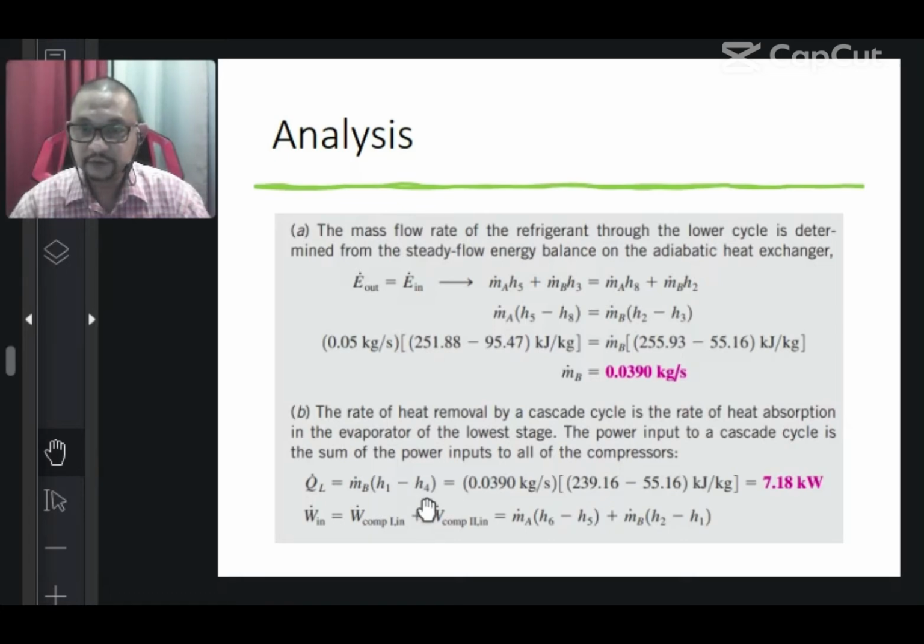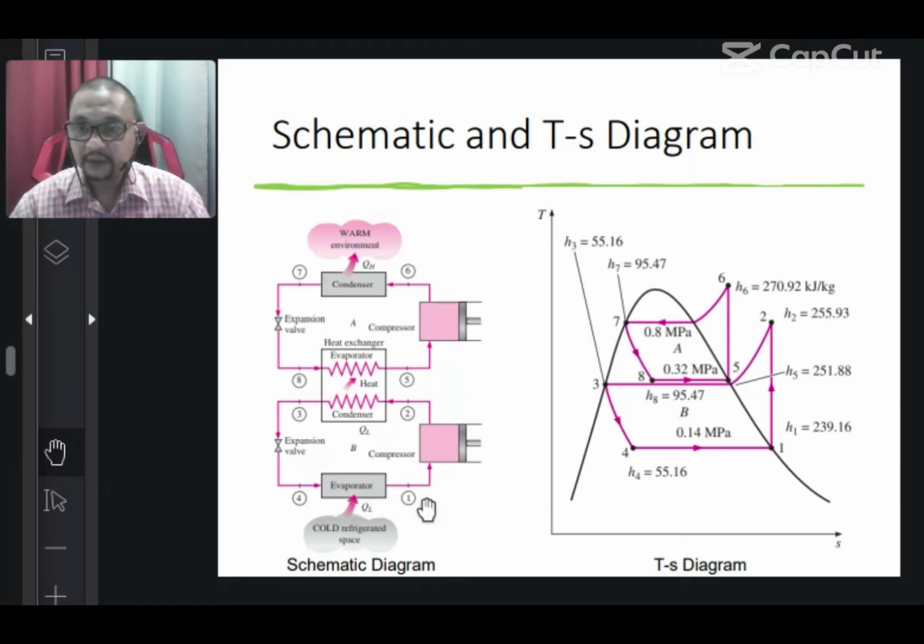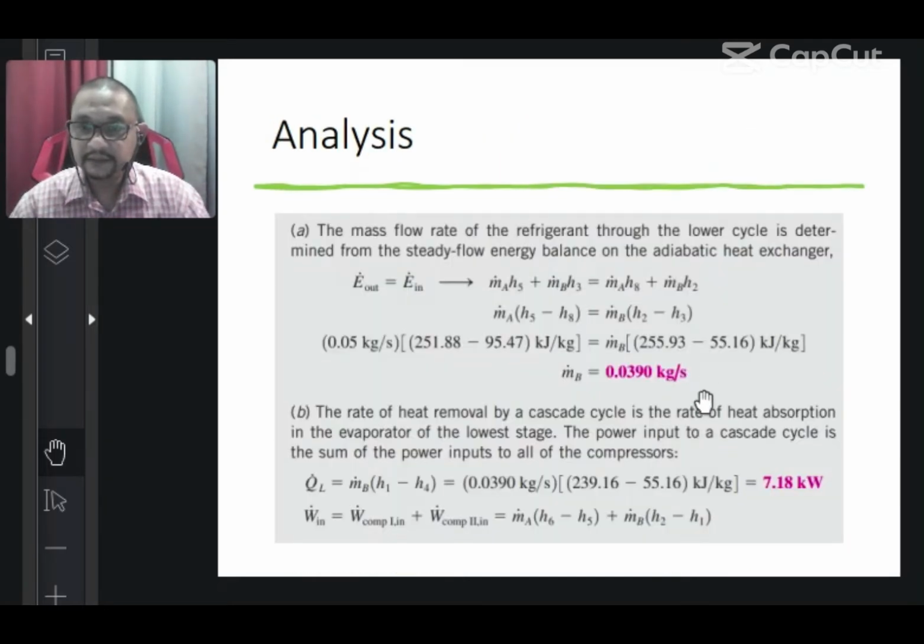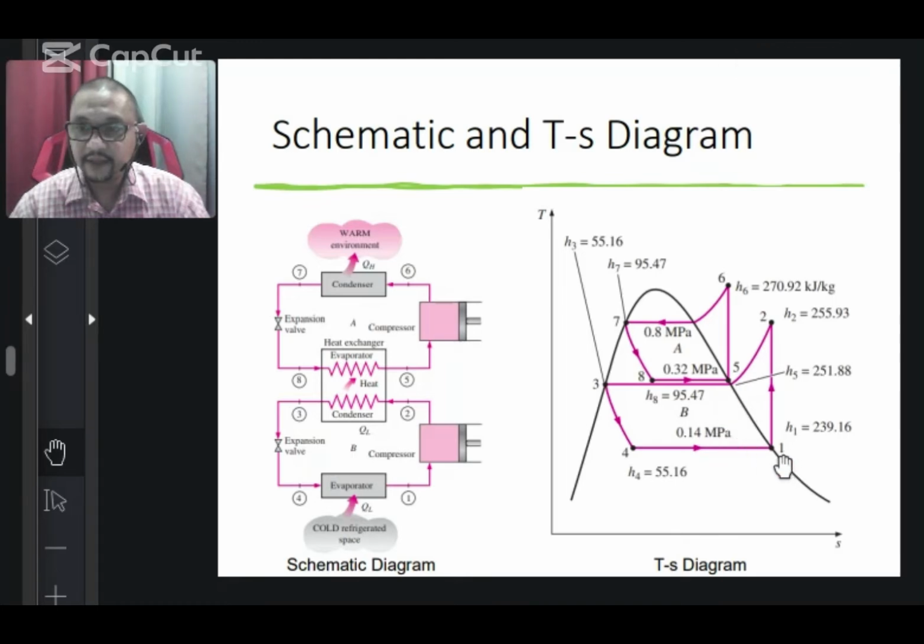Okay, let's look at the TS diagram and schematic diagram at B. So QL is at process 1 and 4. That means at the evaporator. This is QL. So you want to find this QL using the steady flow energy equation for the evaporator device.